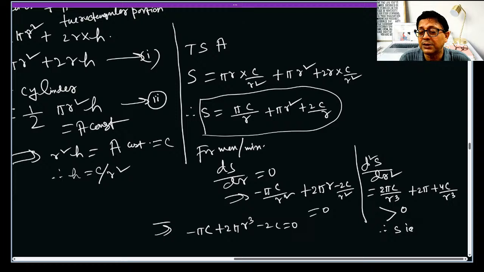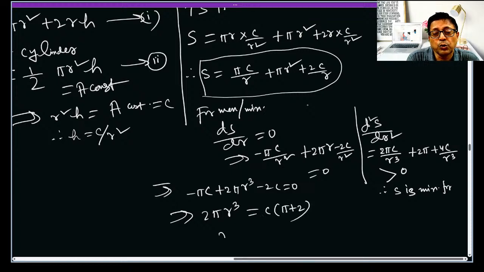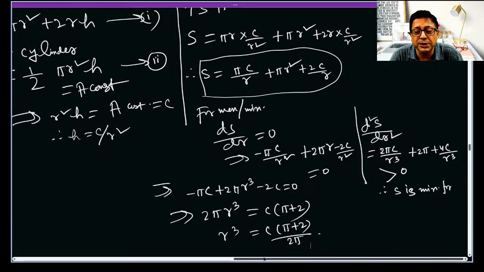So S is minimum for this value of r. What you are getting here? So r cube going to be C into pi plus 2 by 2 pi. Am I correct? Please check once. Have I done correctly? So r cube we got in this manner.